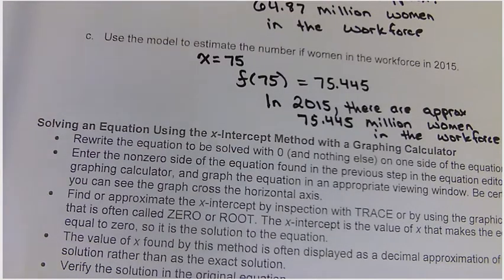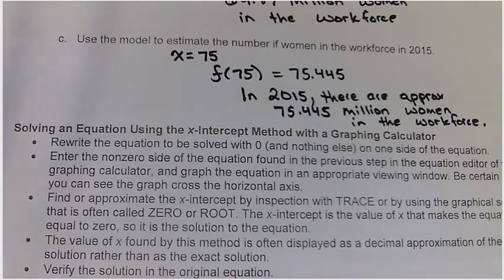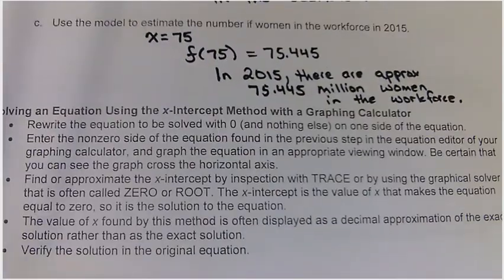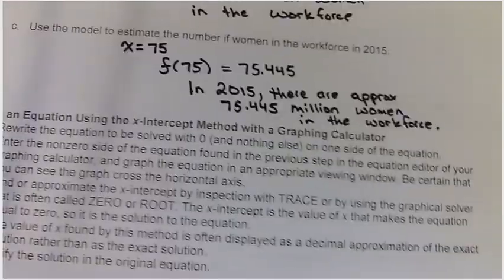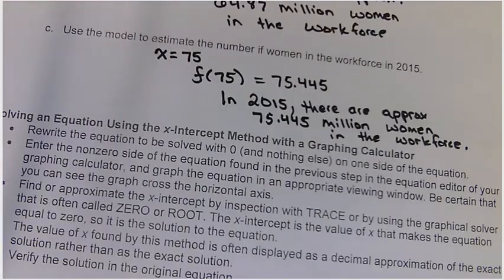So we're going to look at a few more things that we can do with the calculator. The first one is called the x-intercept method with the calculator. And we can take any equation and rewrite it so that it's solved with 0 on one side. So set it equal to 0. And then we'll enter the non-zero side into the calculator.